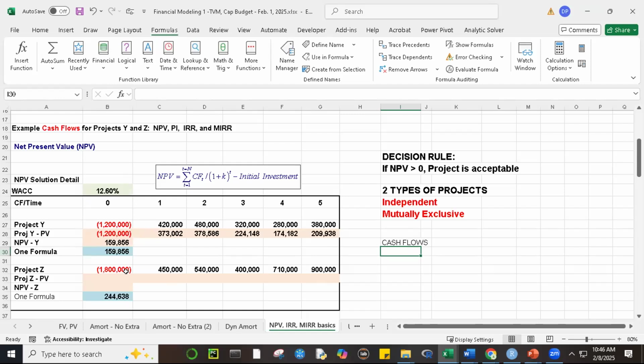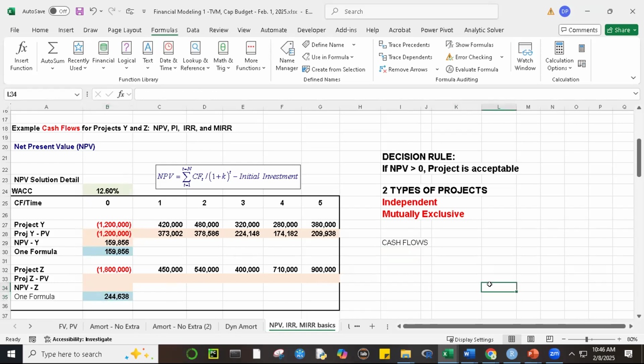So if they're the same 1.2 million, of course, obviously project Z is better. But there's another factor coming in. 1.2 million versus 1.8 million. So what if this was 18 million? Naturally, perhaps the NPV would have been a lot higher for the 18 million or the 20 million.